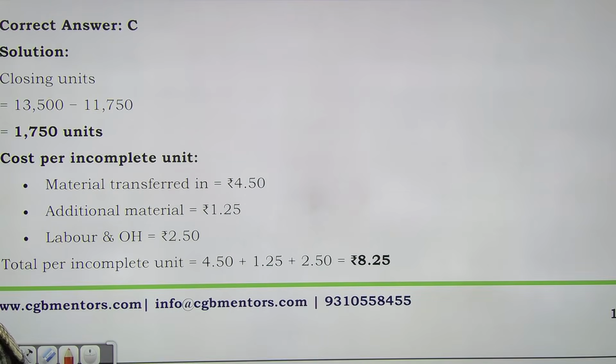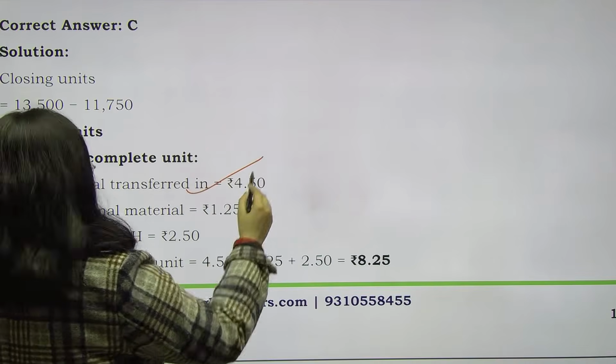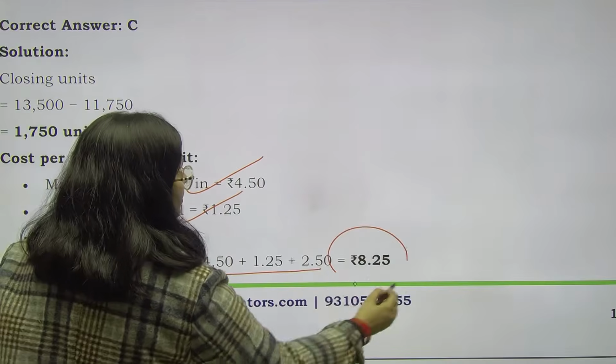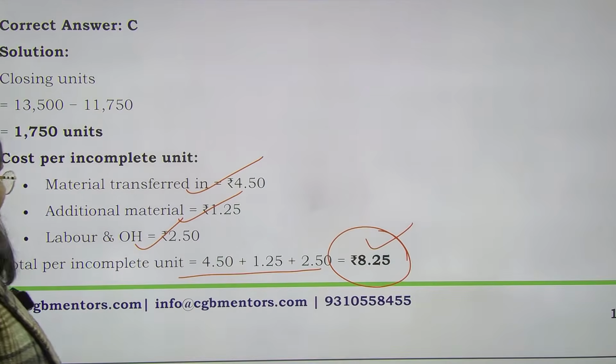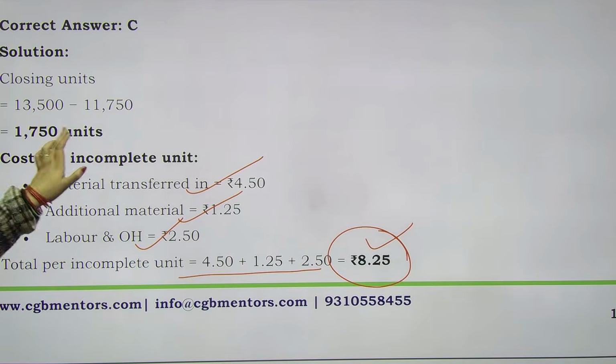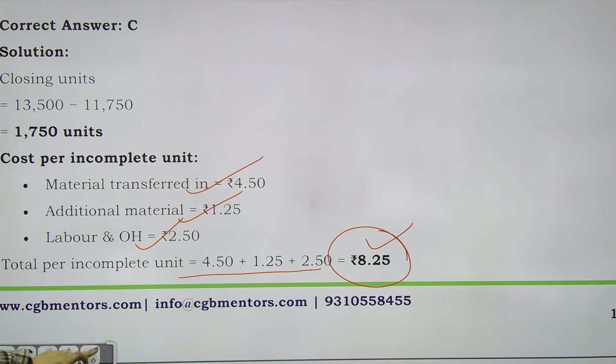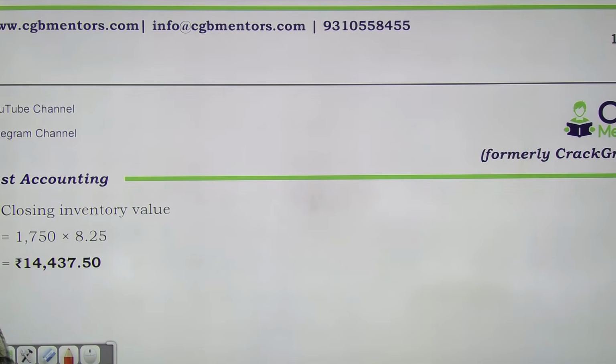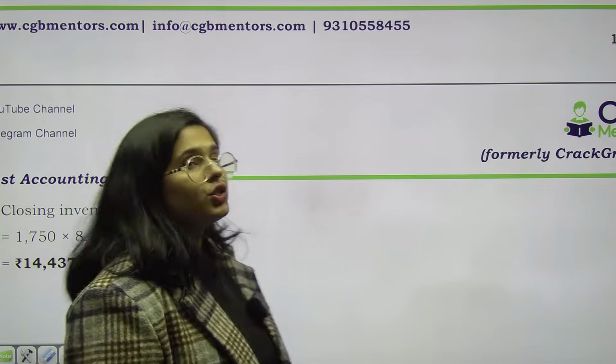Now for the pricing: material transferred, additional material, labor and overheads 8.25. Just multiply this with that, you will be able to find out the valuation. आपको valuation मिल जाएगा 14,437. So this is it.